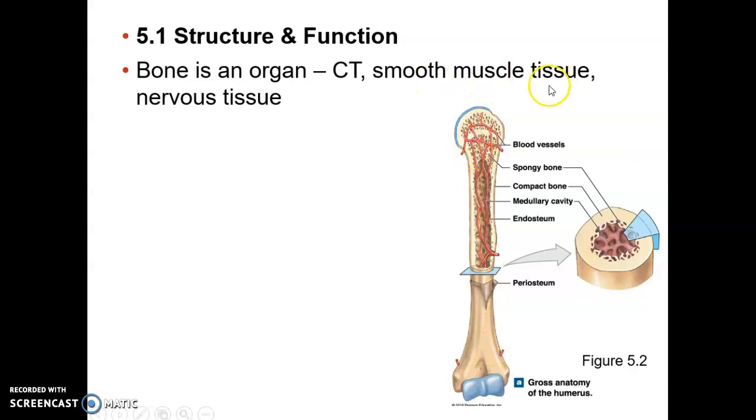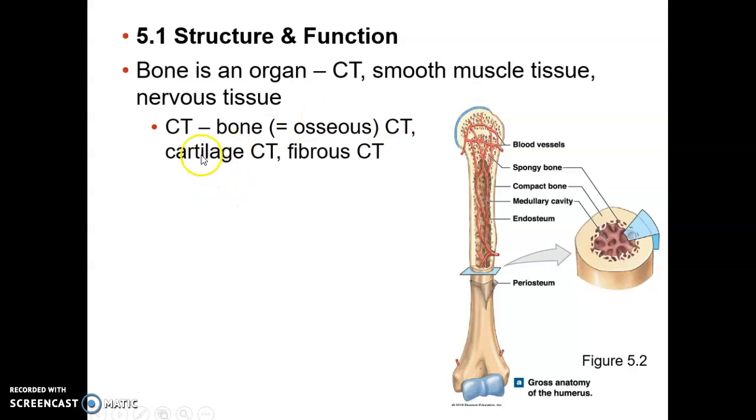There is smooth muscle tissue within the blood vessels supplying the bone. And then the bones are innervated, so there's nervous tissue within a bone as well. And you know that if you've ever broken a bone, it definitely hurts. If you remember, the definition of an organ is a structure that is made up of different tissue types.